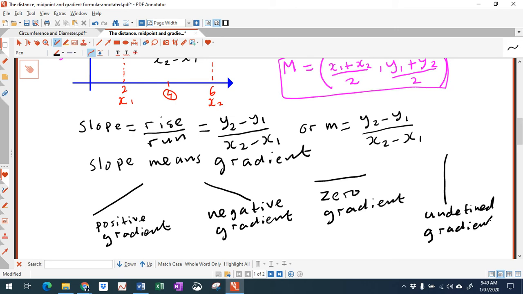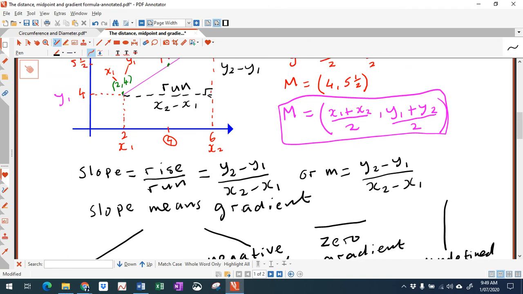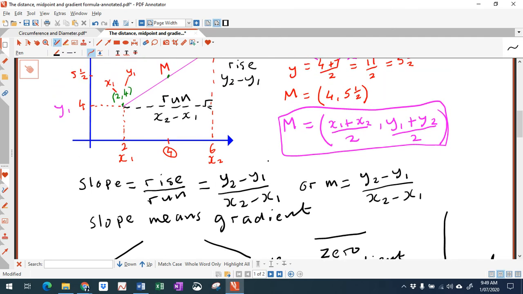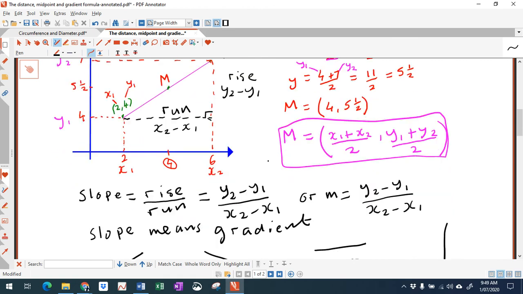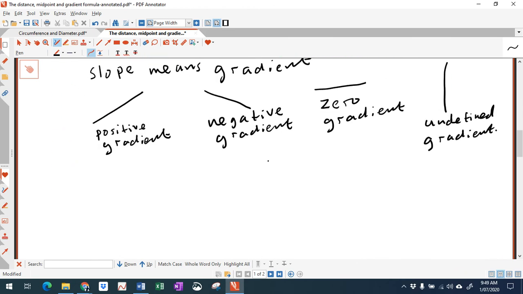Or an infinite gradient, infinitely steep. Okay, so all of this is revision from last year. The only new thing is the formula for rise over run, which is y2 minus y1 over x2 minus x1. So if I write all that down and then come down to the questions.